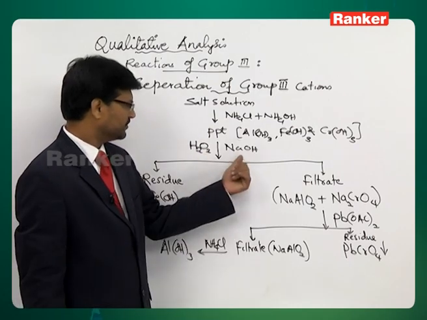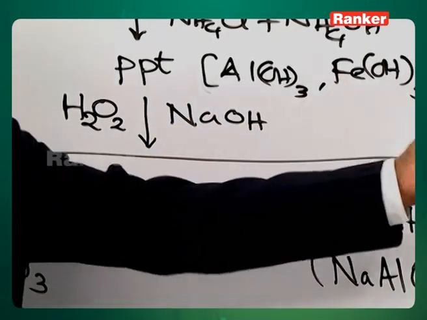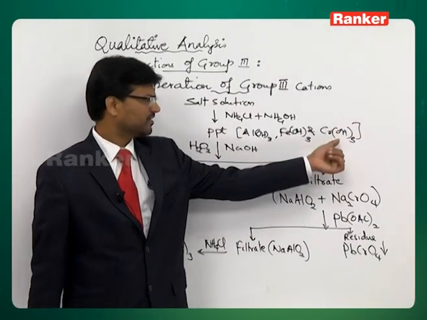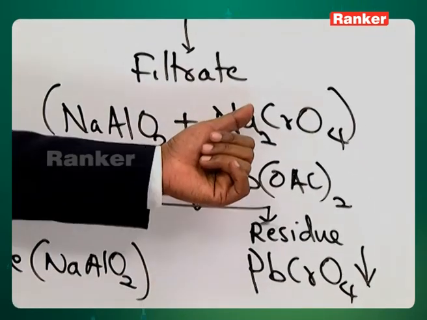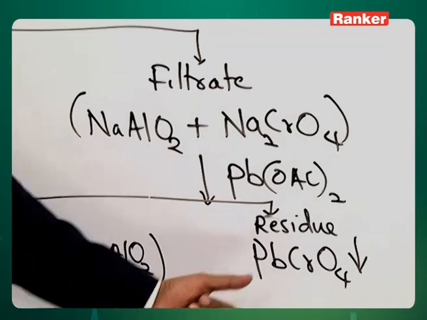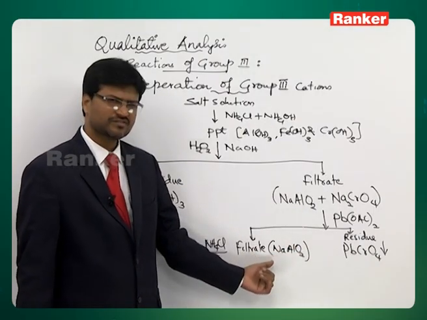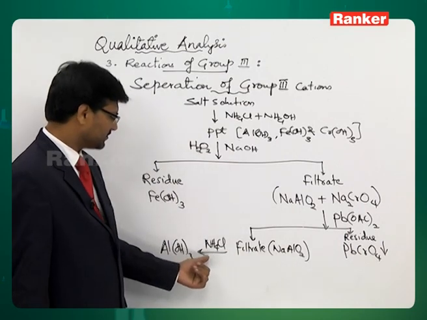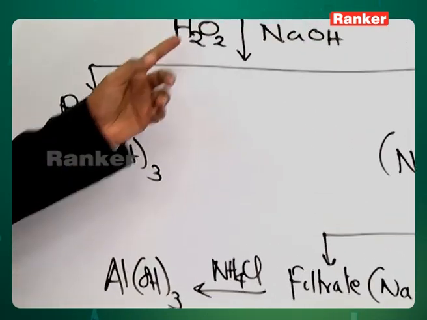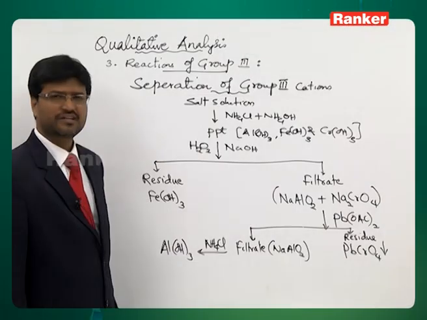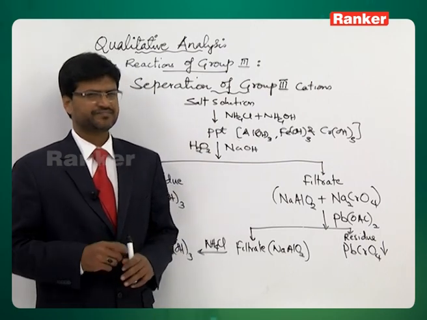Sodium hydroxide will dissolve aluminum hydroxide, and alkaline hydrogen peroxide will oxidize chromium +3 to +6 state. Then you add lead acetate to precipitate out lead chromate, and this remains as sodium meta-aluminate. It is then treated with ammonium chloride to give aluminum hydroxide. Whereas the ferric hydroxide residue formed in this step will be treated with HCl to give ferric chloride. This can be used for testing ferric.